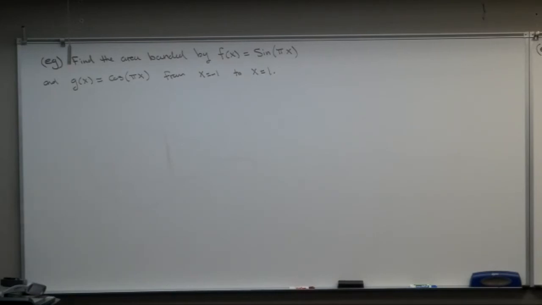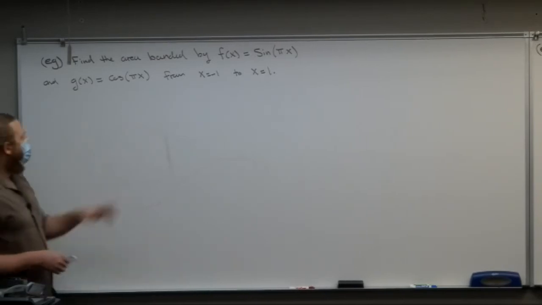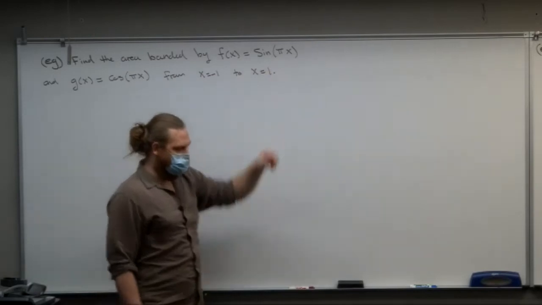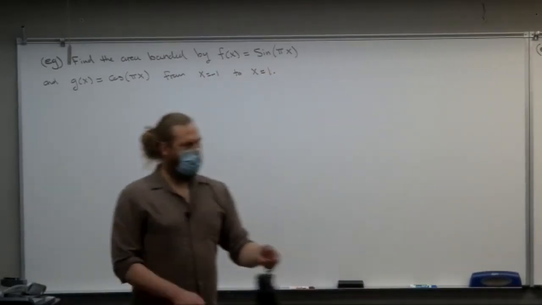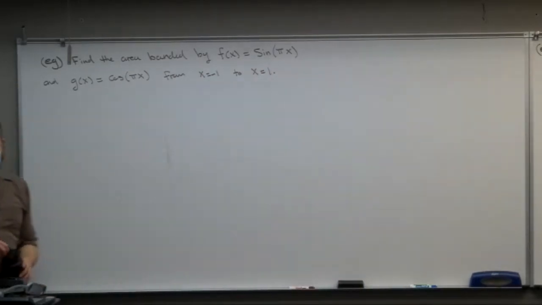So we all know what the graph of sine x and cos x look like. What does the multiplying by pi inside each of these do? It modifies the period, certainly, right? Like multiplying by a constant inside is a horizontal scaling.